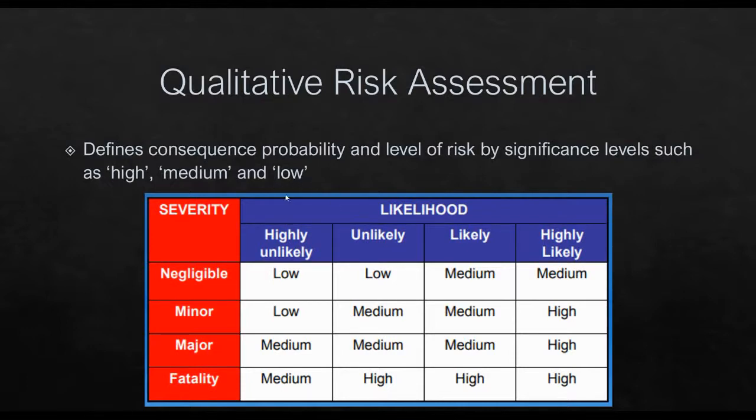So this one just classifies the likelihood and severity based on class low, medium or high. Still we assess based on the likelihood and the severity, but we will look at whether it is low, medium or high only. That one is the qualitative.